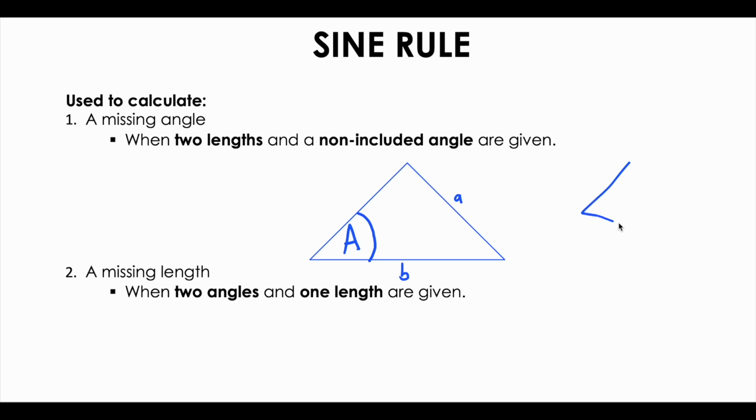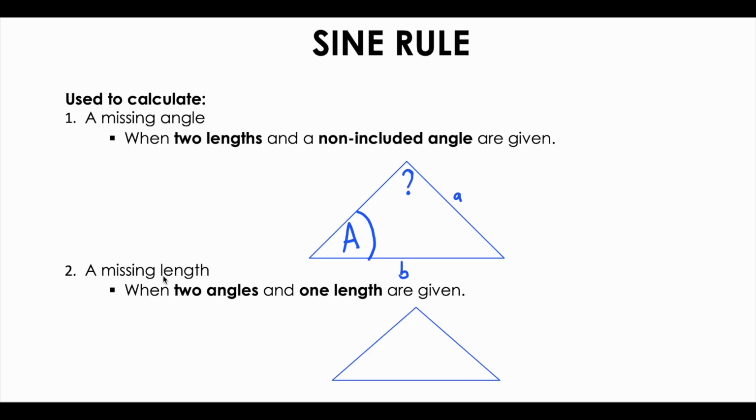Remember, if A was an included angle, we would have a length here and a length here, and this would be the included angle. However, in this case, we have an angle but it's not an included angle. So these two lengths and the non-included angle allow us to work out the missing angle. So we could work out what this angle here is based off of what we have here.